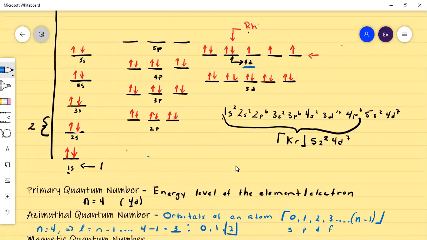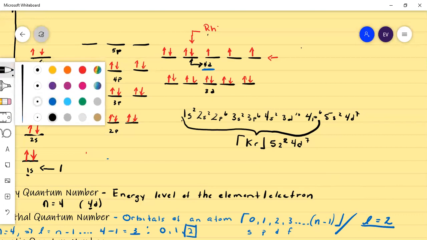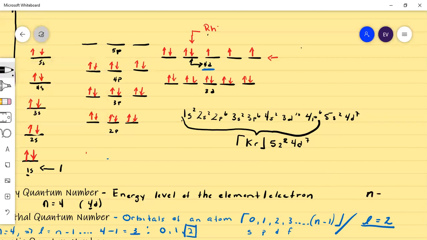It's going to be in the d orbital. So for L, in this particular instance, I'm going to scoot over a little bit. L is equal to 2. I'm going to put these to one side so we can keep them together. This one is going to be n equals 4.